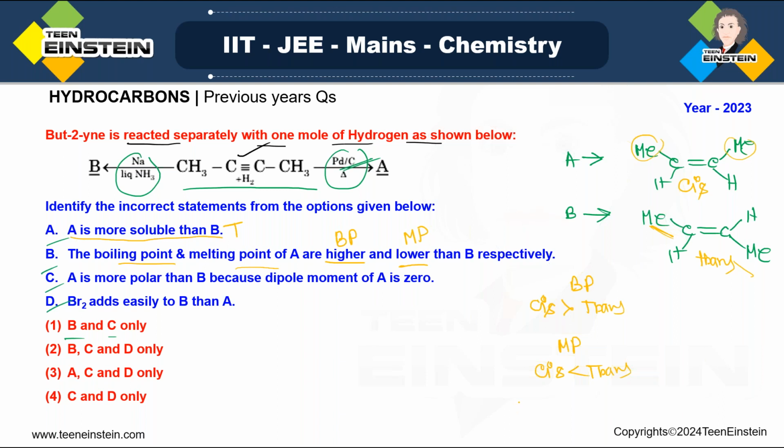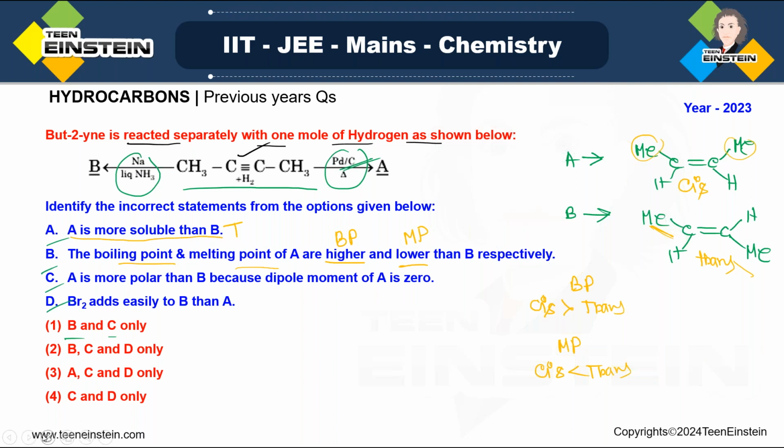Cis BP will be high, this is true, because overall there is some dipole moment, unlike trans. Because of this higher dipole moment, the intermolecular interaction, that is the interaction between two individual molecules, will be high compared to trans. As a result, you have to provide more energy when converting from liquid state to vapor state. That is boiling point. So that is the reason the boiling point of cis will be high.